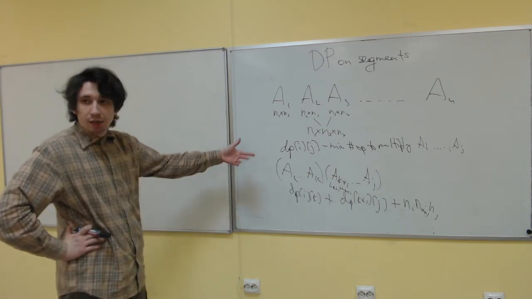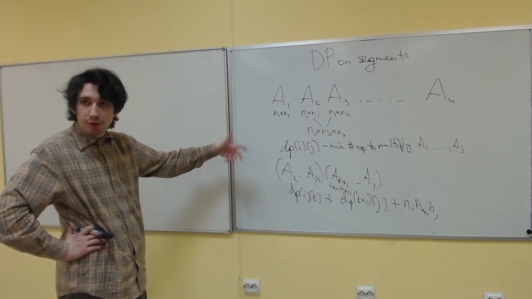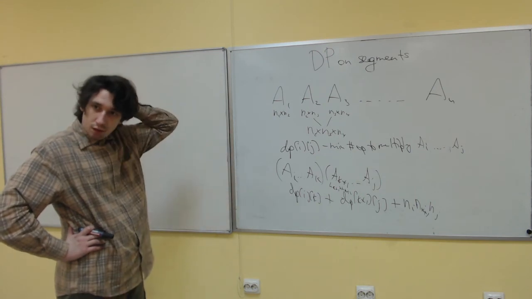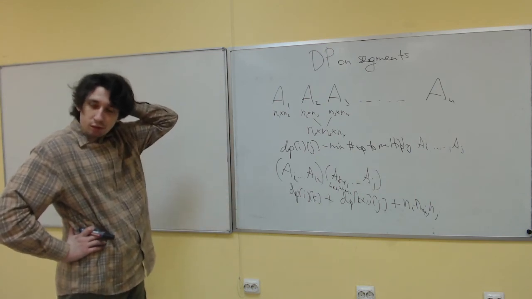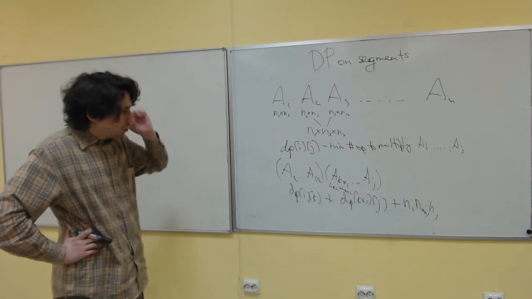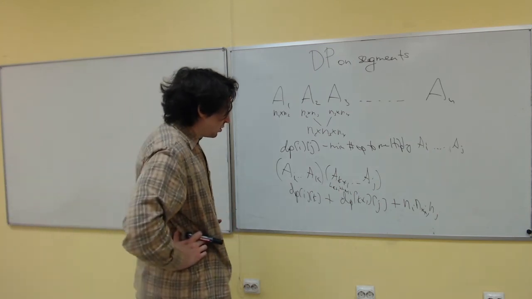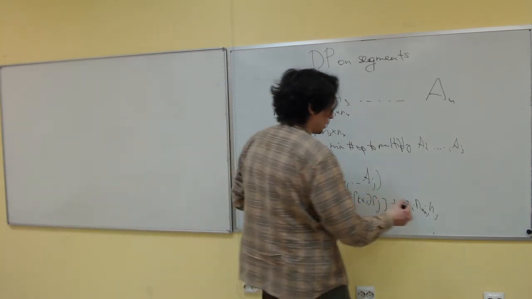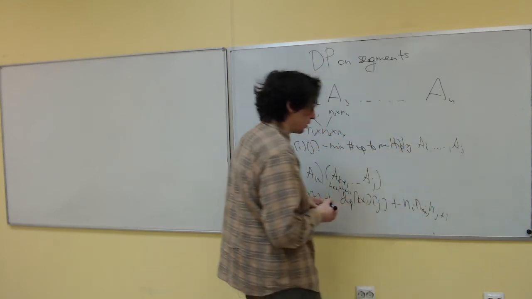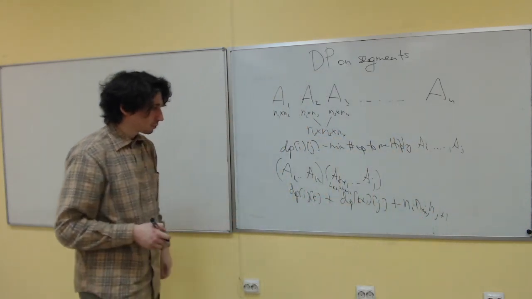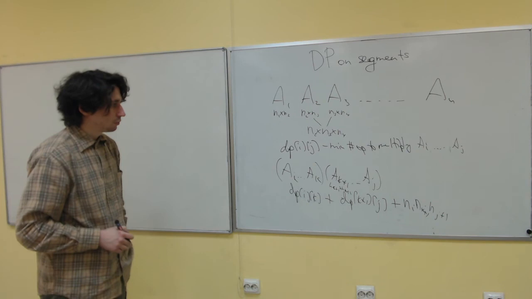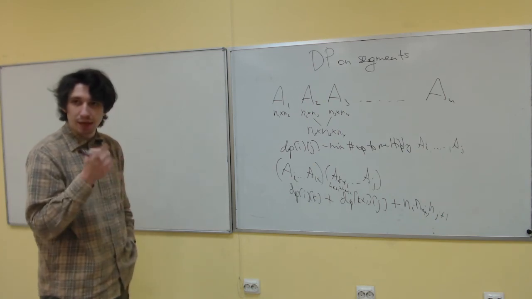Okay, that's it. You are doing exactly as previously. Should it also be n j plus 1 there? Yeah, it is n j plus 1. Thank you. And you are doing exactly the same as with brackets.